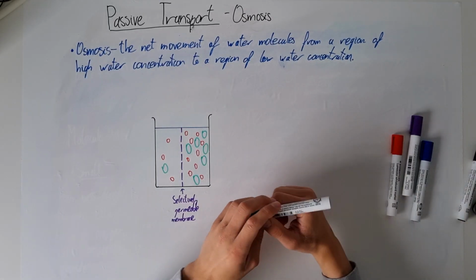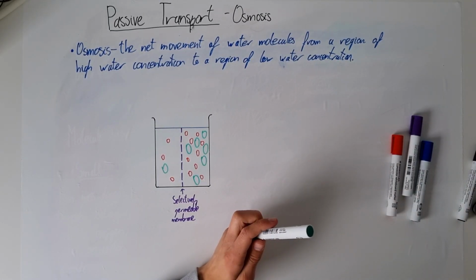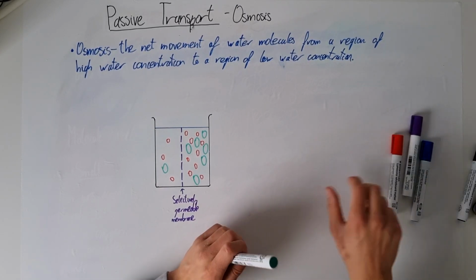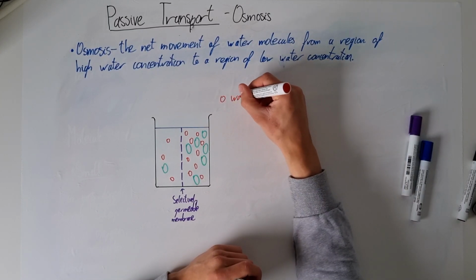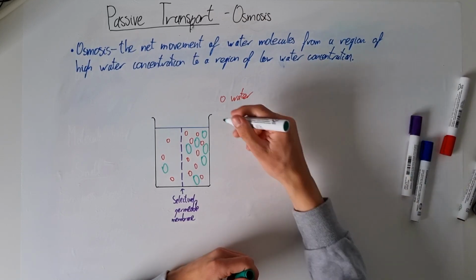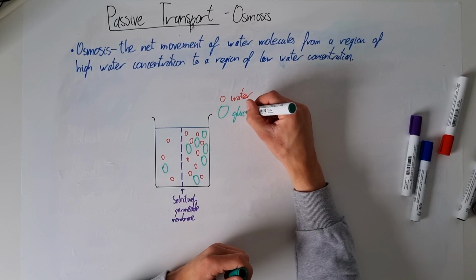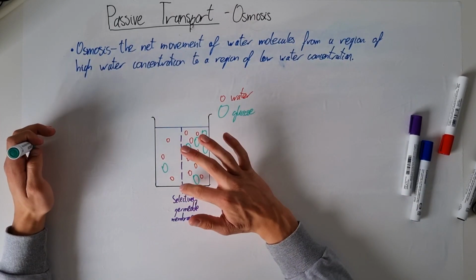So again, looking at our beaker sample here to explain how this works in a cell. Say these red molecules are water molecules, and these large green ones are glucose or sugar. And we have a selectively permeable membrane in the middle.